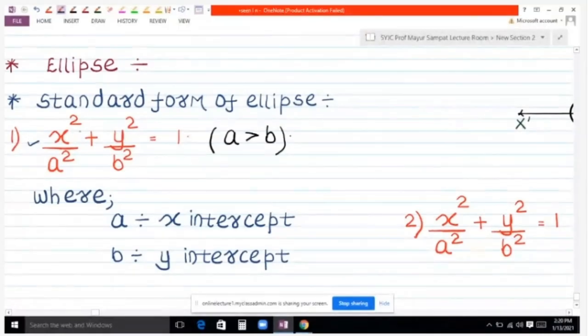Write down the meanings, where a is the x-intercept and b is the y-intercept.